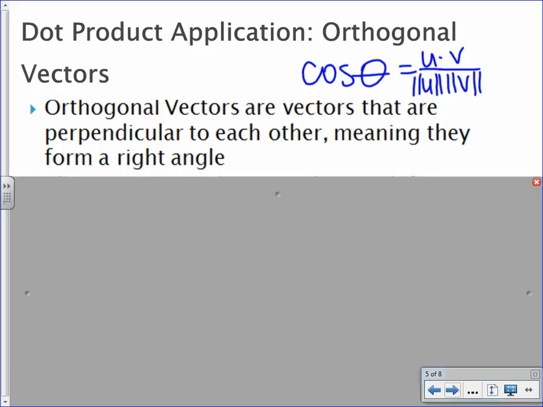So if our angle is 90, how are we going to know without even having to use that formula, or what would the right side of the formula need to be if that angle is going to be 90 degrees? Turn to your neighbor for a few seconds and talk about that.